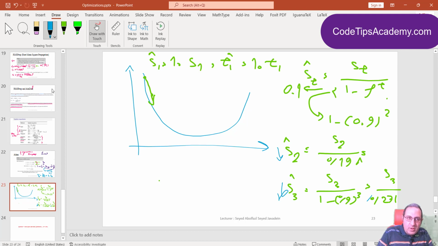This means that as we go forward, our steps will be smaller to reach the global minimum.